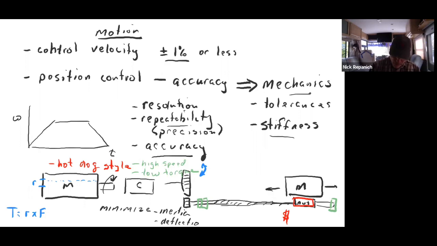So if we did this style motor, and often this is called, believe it or not, if you called up and asked for a pancake motor, I don't know who started it, but that's what everybody calls it. I need a pancake motor. I need a direct drive is the better word.